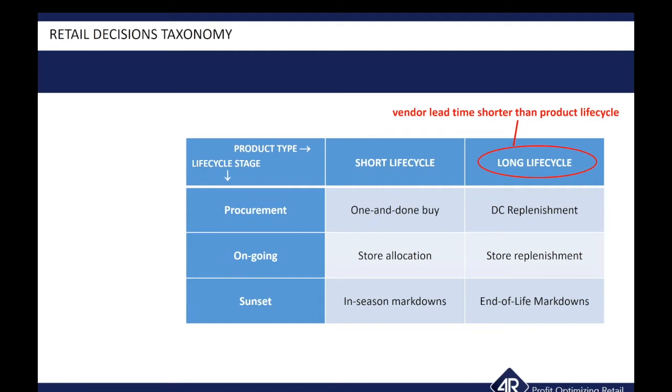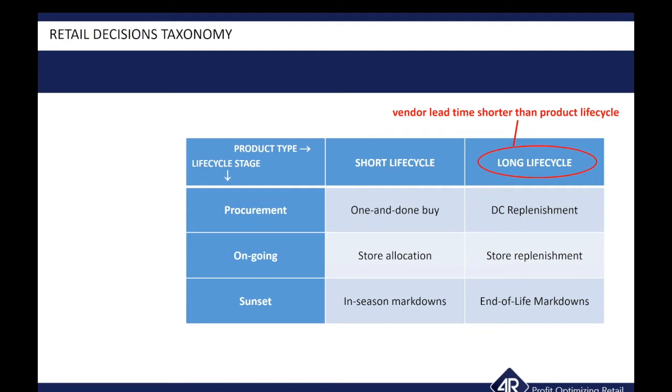This is the most common situation for longer life cycle products, where product is flowed in from a vendor on a periodic basis based on inventory needs, and then deployed at the stores or the other fulfillment channels where demand is observed and subsequent orders with the vendor are placed. So this is our dichotomy of the world of life cycle, short and long.